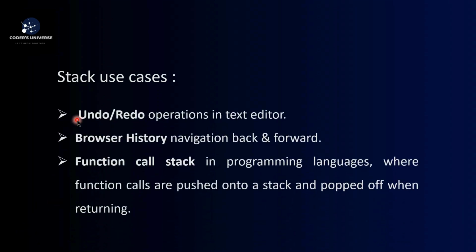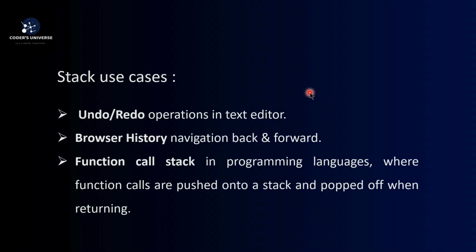First, undo or redo operation in a text editor. When you use a text editor, we write something, and we delete it or edit it, and then we think we want the previous one, so we undo or redo, and a stack is used to implement this in a text editor. And then is browser history.